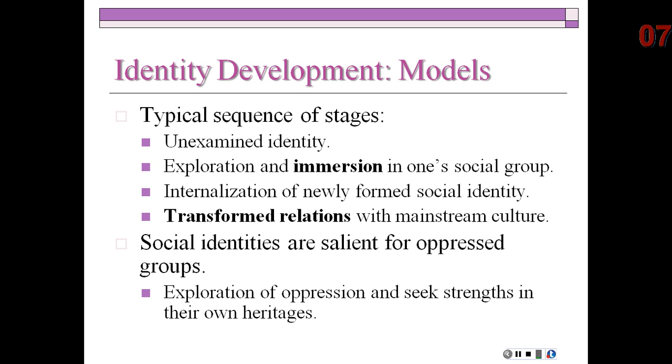And it's been found that social identities are salient for oppressed groups. So it's sort of interesting. I have friends who have done an exercise in class where they ask people in class to write about how race has influenced their life.